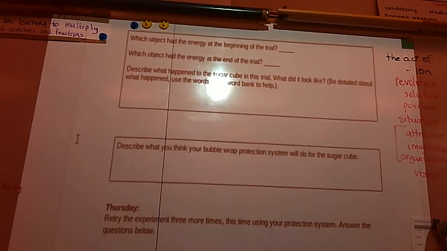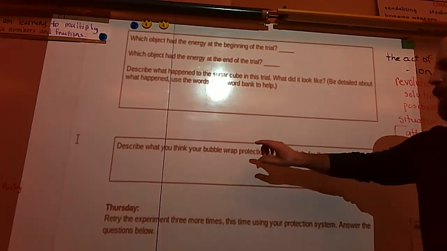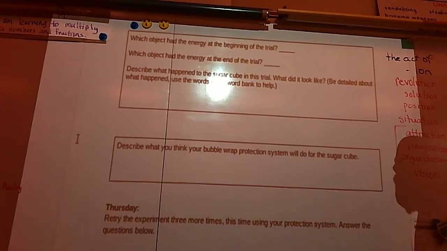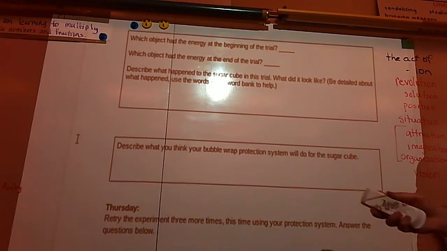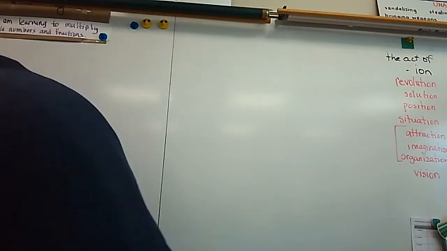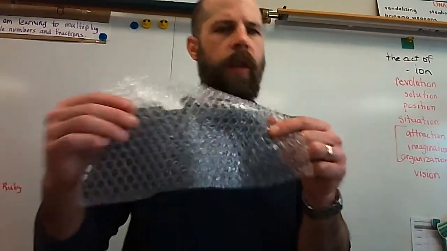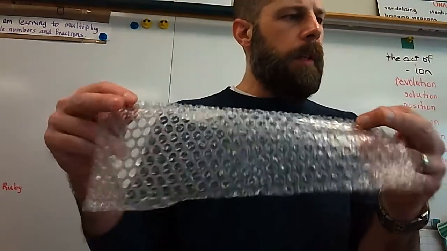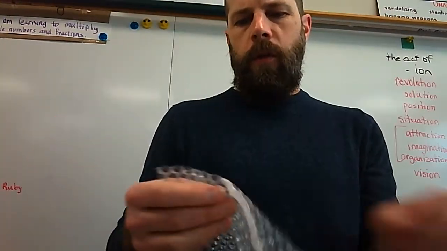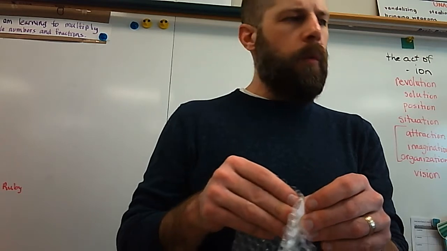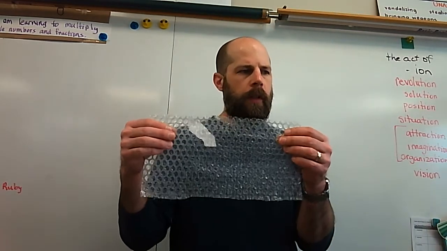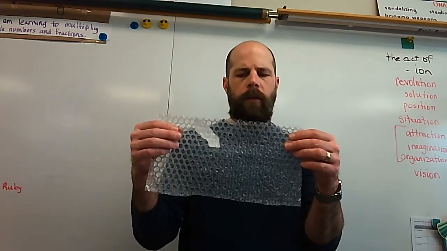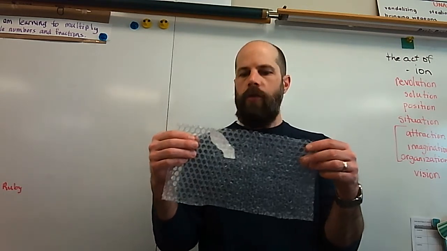There's one other part to Tuesday. It's this box here. It says, describe what you think your bubble wrap protection system will do for the sugar cube. So now we're going to take a look at a little piece of bubble wrap. On Thursday, you're going to get a piece of bubble wrap. It's going to look something similar to this. What you and your group need to do is think of a way that you could use this material to make the impact or the collision less, to help save your sugar cube.